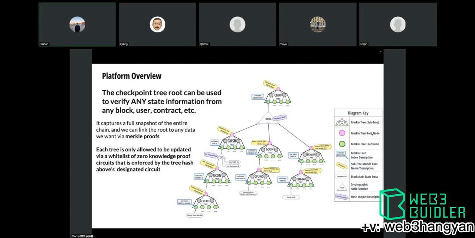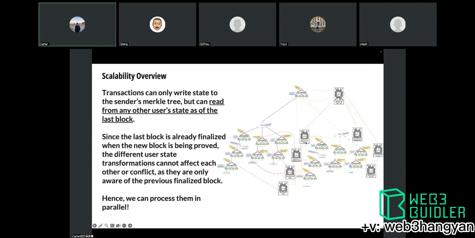The only things that your contract transactions know about the current block are the things that were affected in your user contract tree. So at each level of the tree, the zero knowledge circuits can be aware of the entire state of the blockchain at the end of the previous block, as well as any of the state trees that are under it.